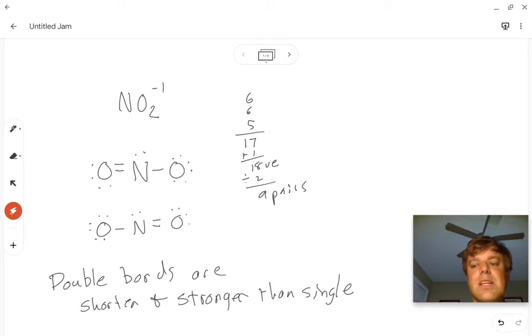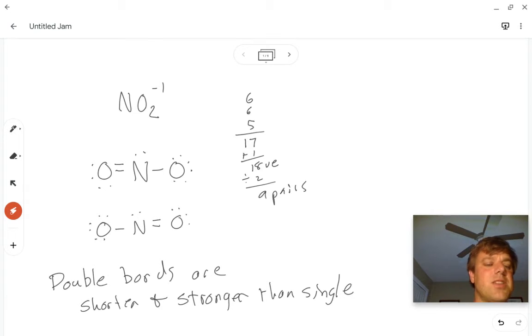We've actually kind of reached the limitations of the Lewis model. But what that implies is that what we have is a mixture of the two. Instead of having a double bond in each place, it's more like we have a 1.5 bond in each place.